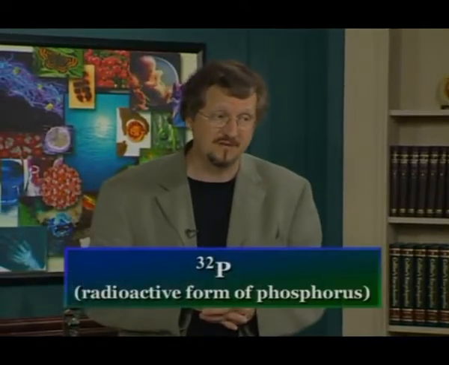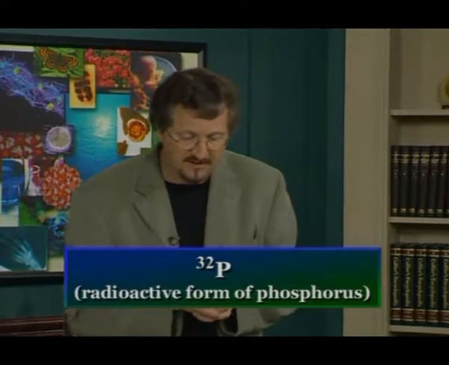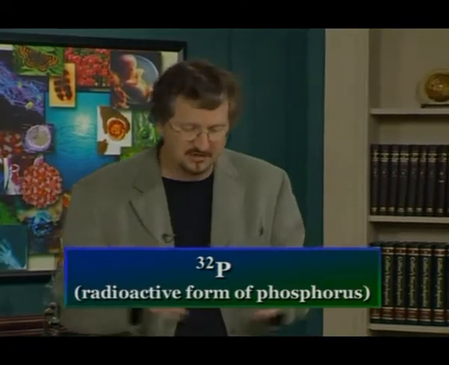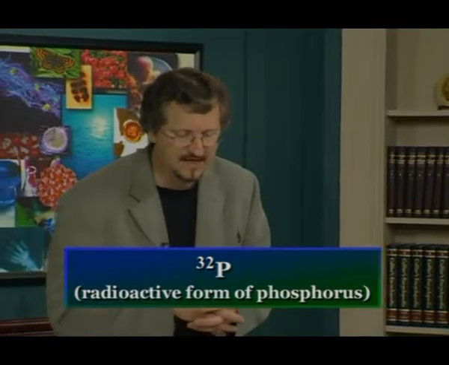Alternatively, they could label the DNA. They could grow the same kind of virus in a medium that had radioactive phosphorus in it. This is P32. Phosphorus is not found in proteins, but it's a major chemical constituent of DNA.